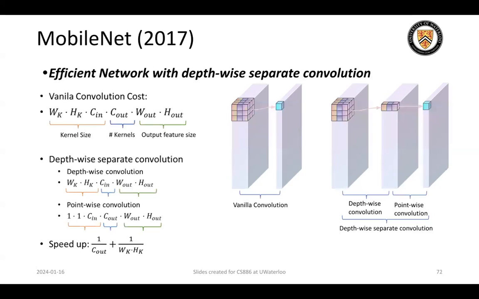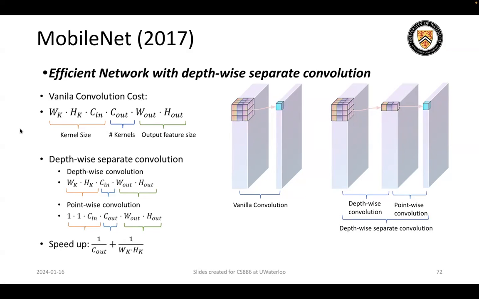Now let's look at another variant called MobileNet, which was introduced in 2017. This is an efficient network with depthwise separable convolution. In vanilla convolution, let's say we have some channels, say 3. We compute the convolution on each layer, and then we aggregate them together.